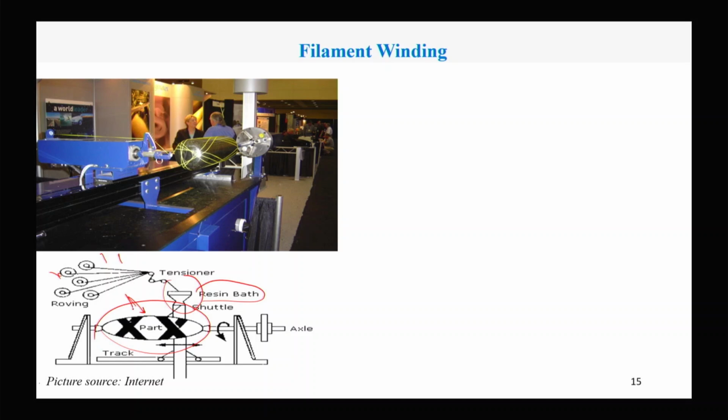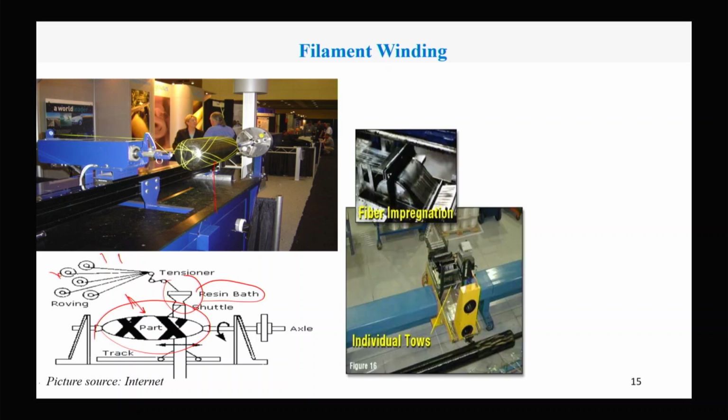There is a traverse arrangement, just like a winding machine. Ultimately this composite is cured on the mold. Okay, this is the system.